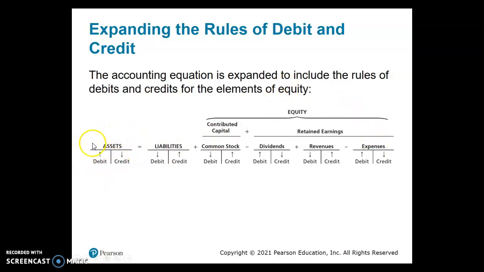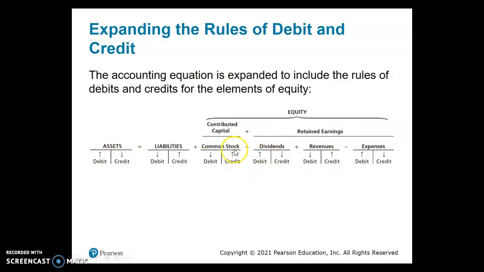So assets, we went over that one, liabilities, and equity. Under equity we have our two components, contributed capital and retained earnings. Our best example of contributed capital was common stock. And remember from Chapter 1, the three types of accounts that affect retained earnings: dividends, revenues, and expenses.